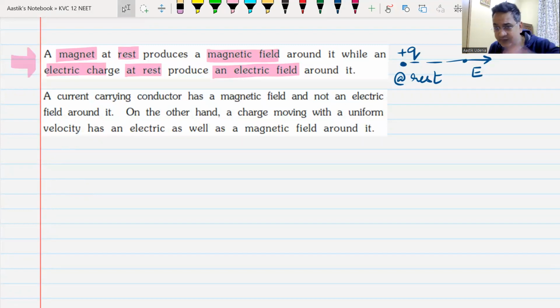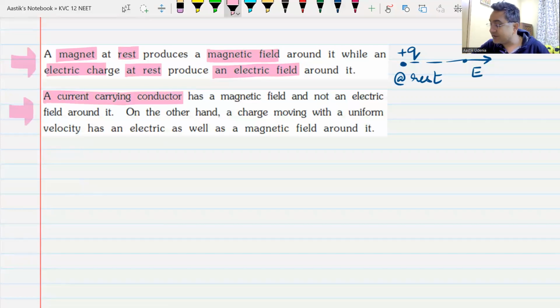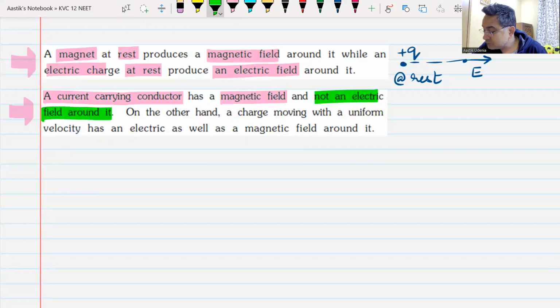A current carrying wire or conductor has charges which are moving. It creates a magnetic field, and not electric field. So current carrying conductor wire creates magnetic field around it, not electric field.